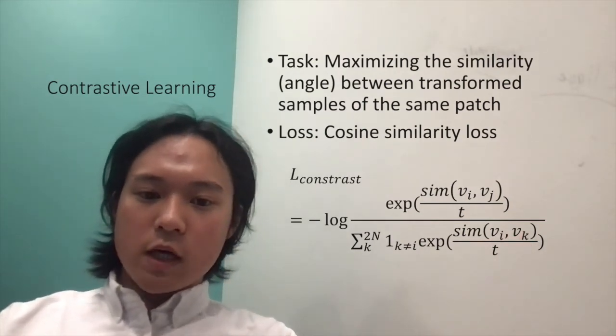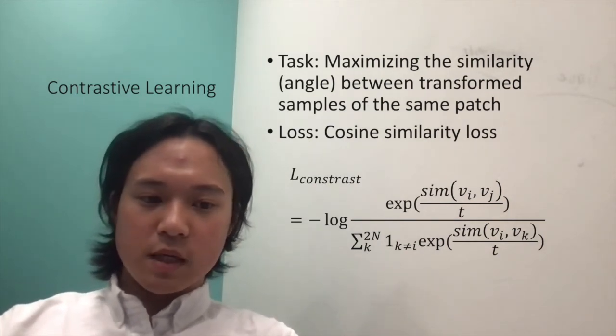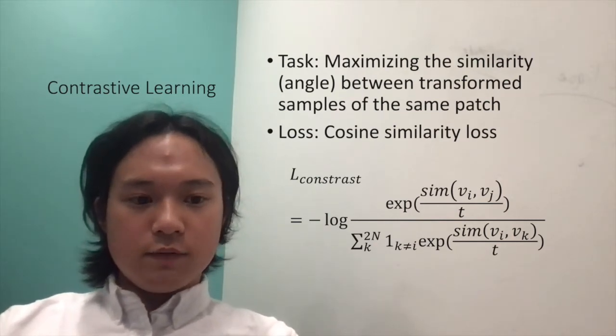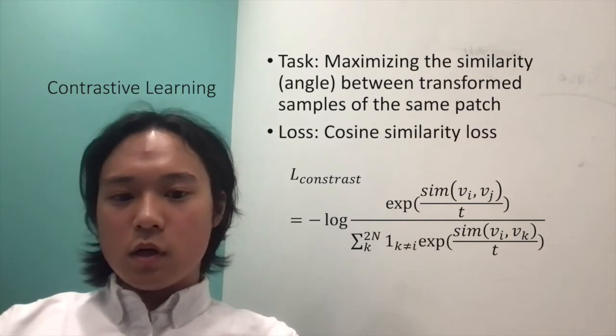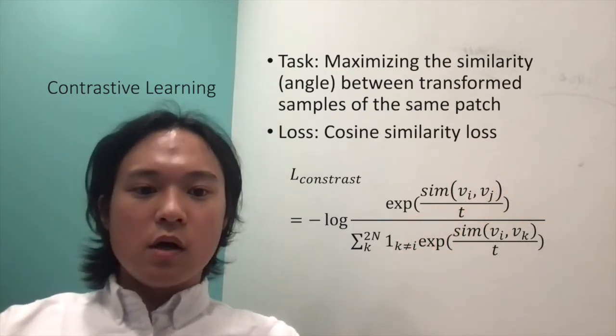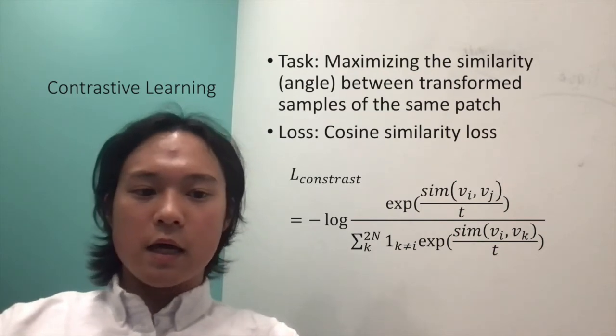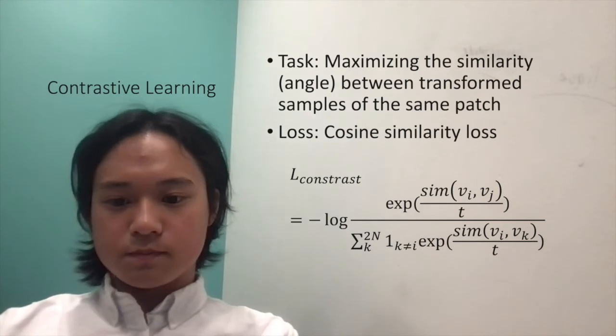Note that Vi and Vj are the vector representations of the transformed views of the same patch in the latent space, while Vi and Vk are transformed views of different patches. Therefore, we need to make sure the angles between Vi's and Vj's are as small as possible, and the angles between Vi's and Vk's are as large as possible.